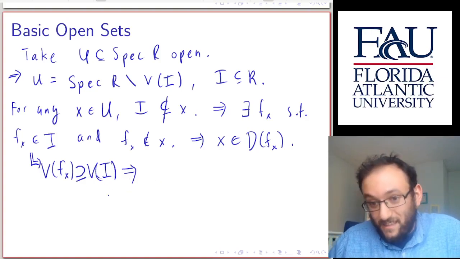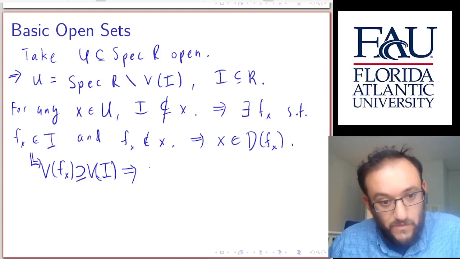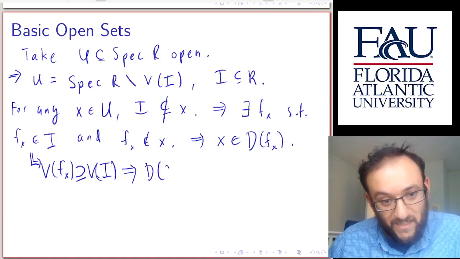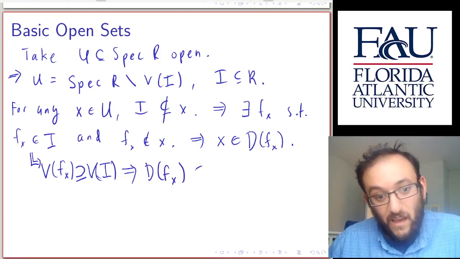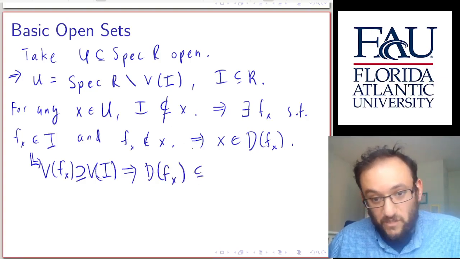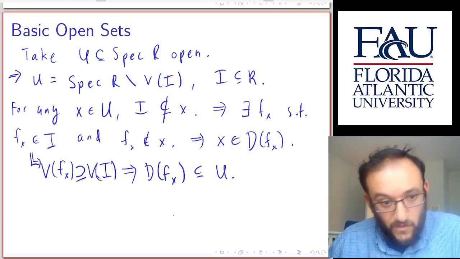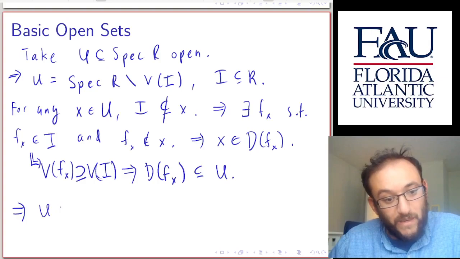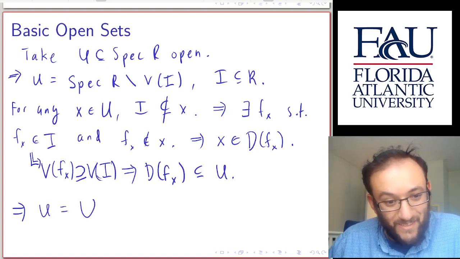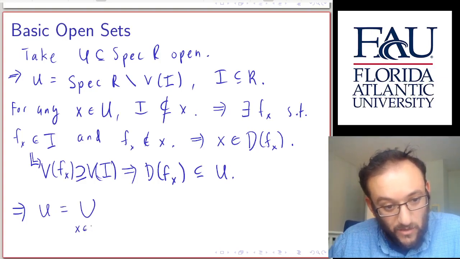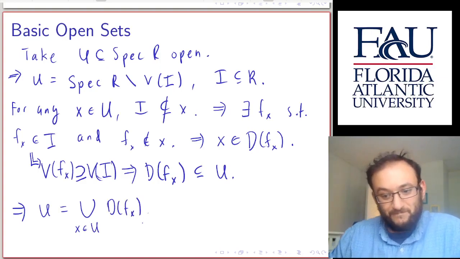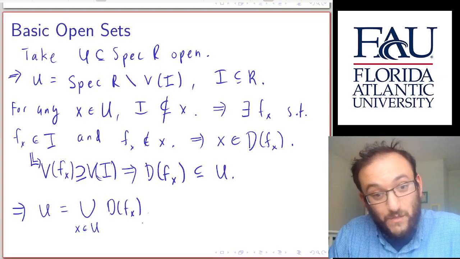And when we take the complements of each of those, the containment switches, and we get D(f_x) is contained in the complement of V(I), which, as we defined above, is U. So what that tells us is that U is equal to the union over x in U of D(f_x) as defined above. So that tells us that this is a basis for the topology.